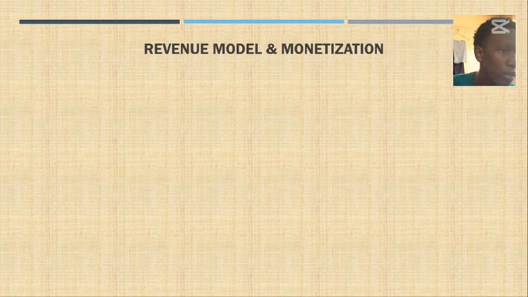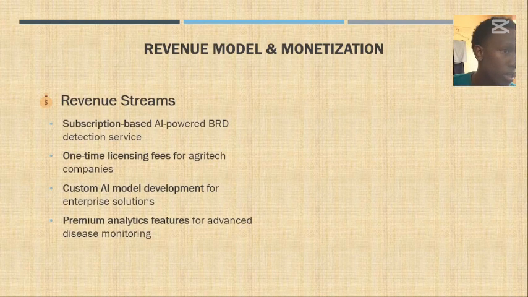Then for the revenue model and monetization, the revenue streams include subscription-based AI-powered detection services for the disease, one-time licensing fees for agri-tech companies, revenue from custom AI model development for enterprise solutions, and lastly premium analytics features for advanced disease monitoring.